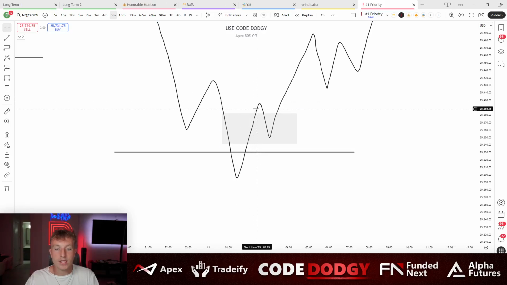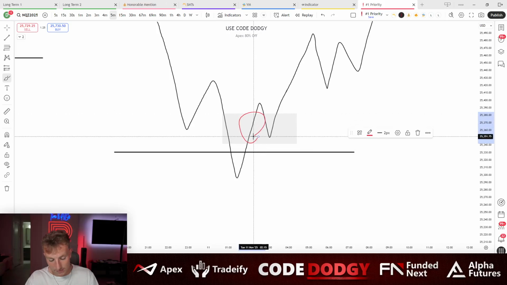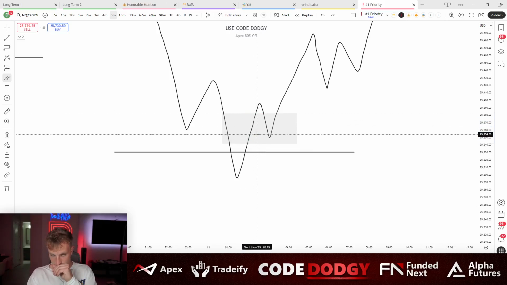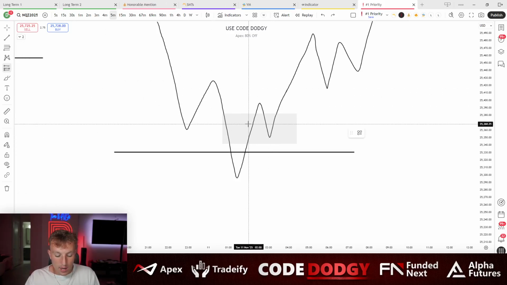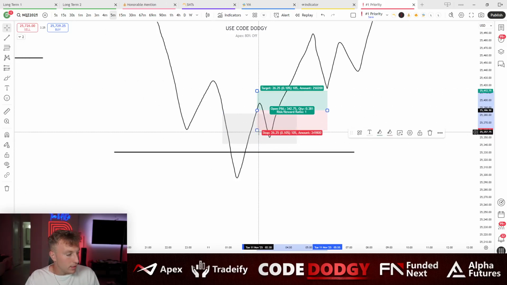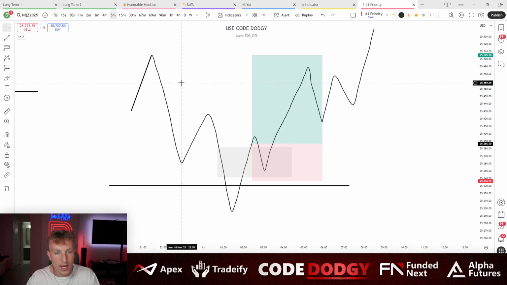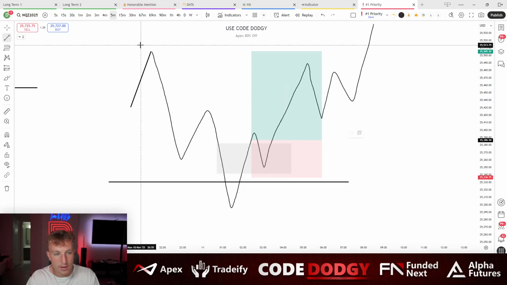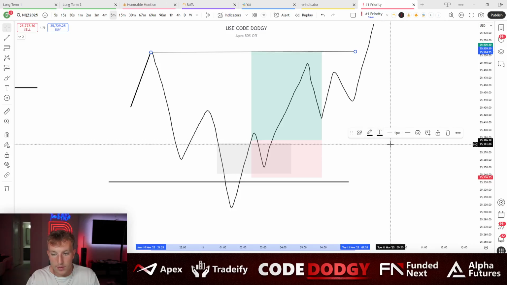And I want this candlestick to form a fair value gap here if possible. If not, then it doesn't matter, I'm still taking it regardless. Usually I enter off the close of the fair value gap right here, and I'll target the next high or whatever the next internal high is. So something like this, and that is literally the main premise of what I'm typically doing.